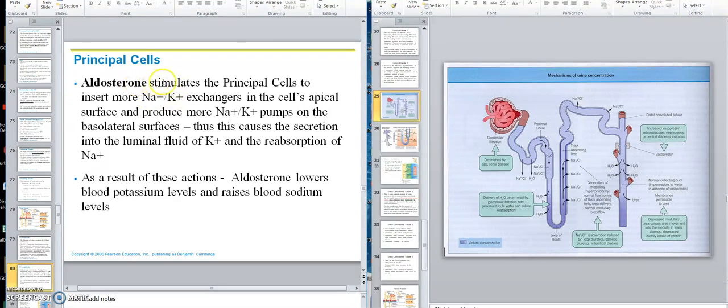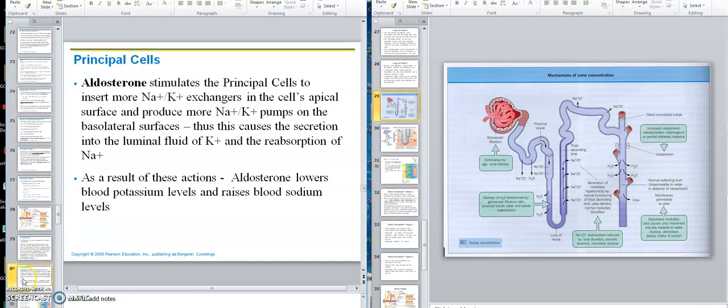And that aldosterone works on the principal cells. What controls the aldosterone? Well, remember many things. One was the renin-angiotensin, but the other was the level of potassium and sodium in the body. In other words, if the sodium level gets low, aldosterone is secreted. If the potassium level gets high in the blood, aldosterone is secreted.